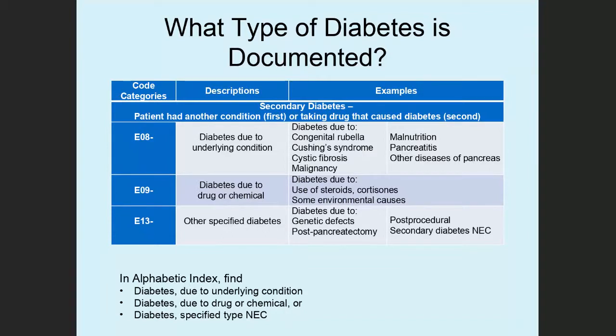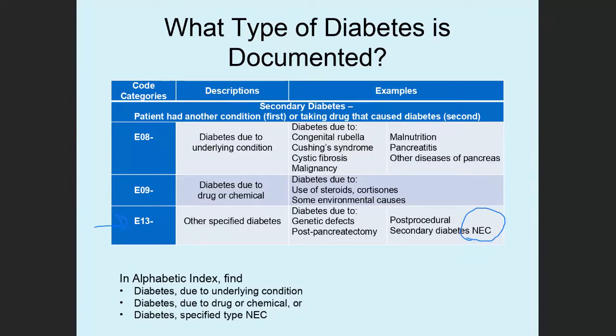E09, diabetes due to drug or chemical, could be use of steroids, for example. And E13, other specified, and this is for genetic defects and post-pancreatectomy. If it just says secondary diabetes and doesn't say what kind, you're going to use this one.